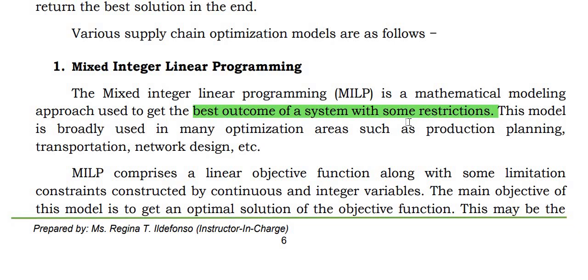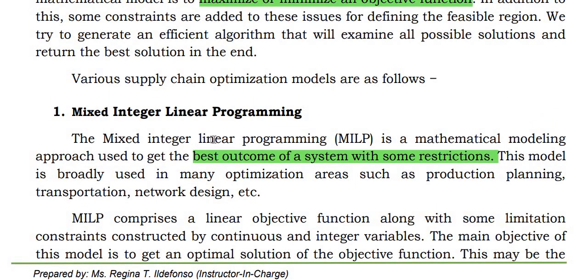This model is broadly used in many optimization areas such as production, planning, transportation, network design. So what is the use of mixed integer linear programming, or what we call the MILP? This is used to get the best outcome of a system with restriction.